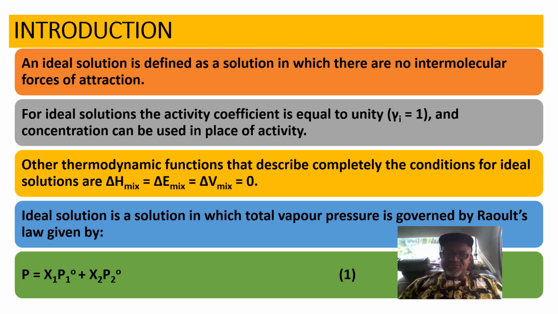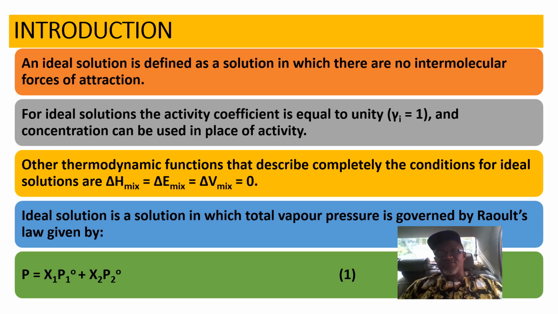If we're talking in terms of gas, we use fugacity. So when it is for ideal solutions, the activity coefficient will be equal to 1, and when that is equal to 1, then it means that the activity will be equal to concentration. So that's why we can interchange concentration with activity.